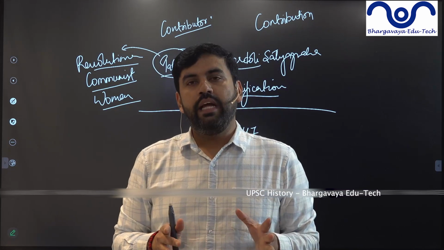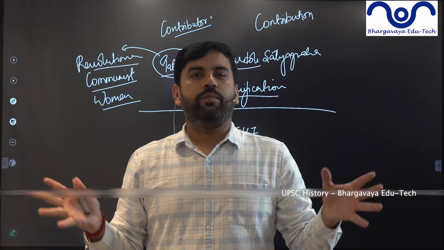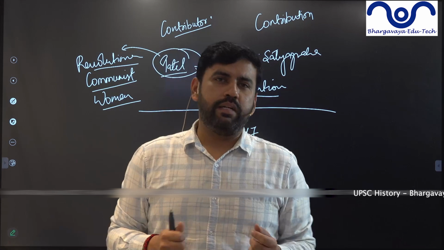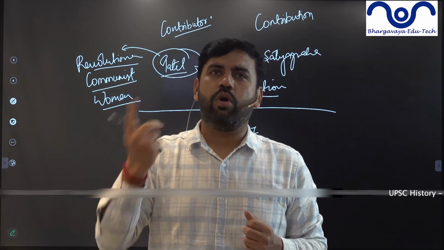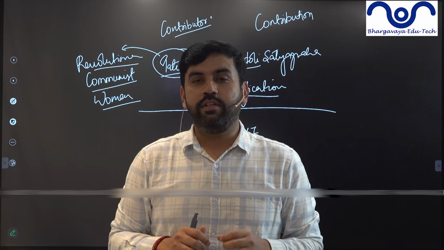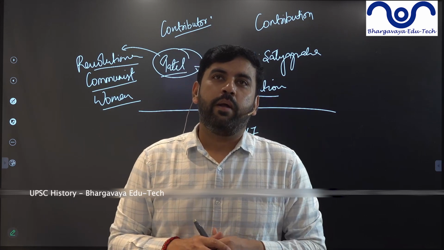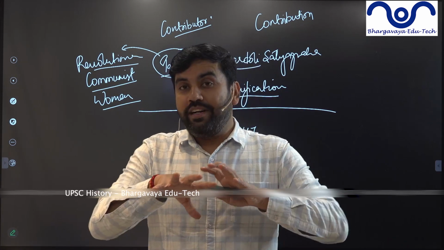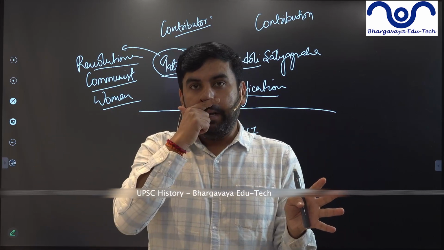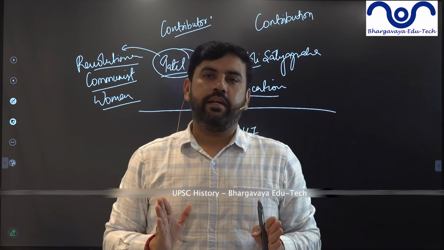So guys, a contributor can be anyone, individuals, groups. It can be a political party as well, like the contribution of Indian National Congress, the contribution of Muslim League, although useless. So contributor can be anything, contribution can be anything, but we have to focus on that.